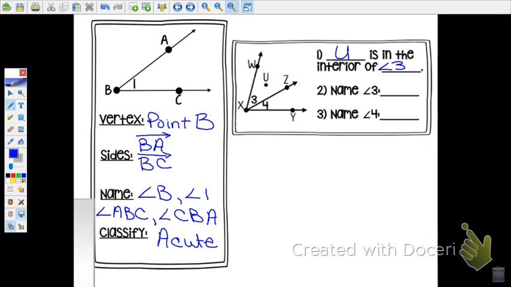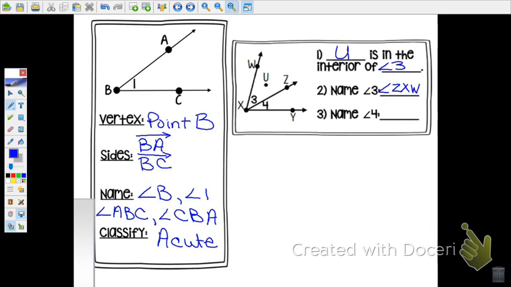Yep, angle ZXW. We could name it angle ZXW. Could I use just the vertex X? No. I heard yes, I heard no. No, because it's not the only angle on the picture.